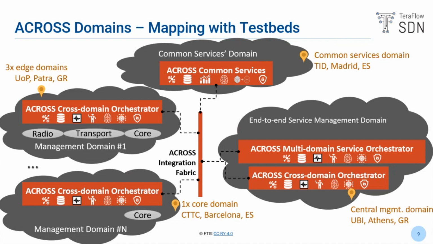In Madrid, it's planned to deploy the common services that I was mentioning. And then here at CTTC in Barcelona, we will deploy another cross-domain orchestrator that will be focused, in this case, on a core domain. The idea is that we will interconnect all these different testbeds and perform integrated experiments involving the different cross-domain and the multi-domain orchestrators.